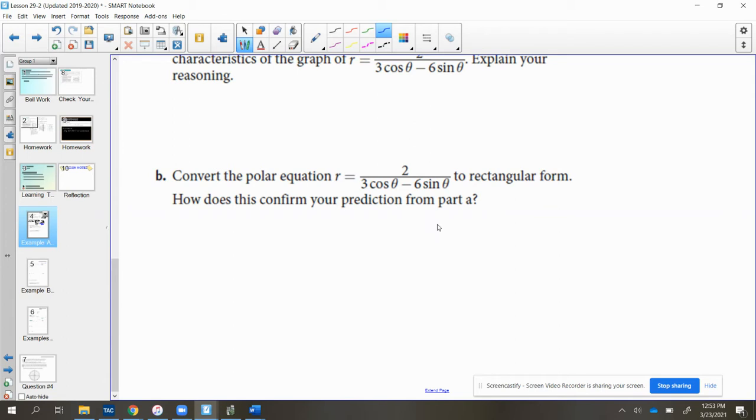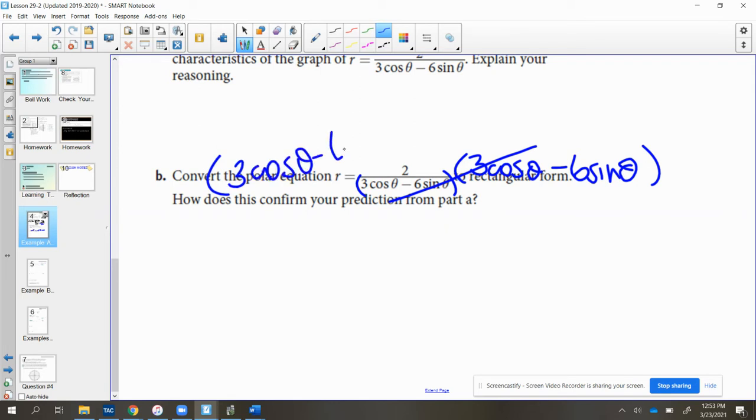We're going to want to multiply both sides by this denominator, right? If we can get this out of the denominator to start working with it, we can cancel on the right-hand side that. And then on the left-hand side, we have r times 3 cosine theta minus 6 sine theta.